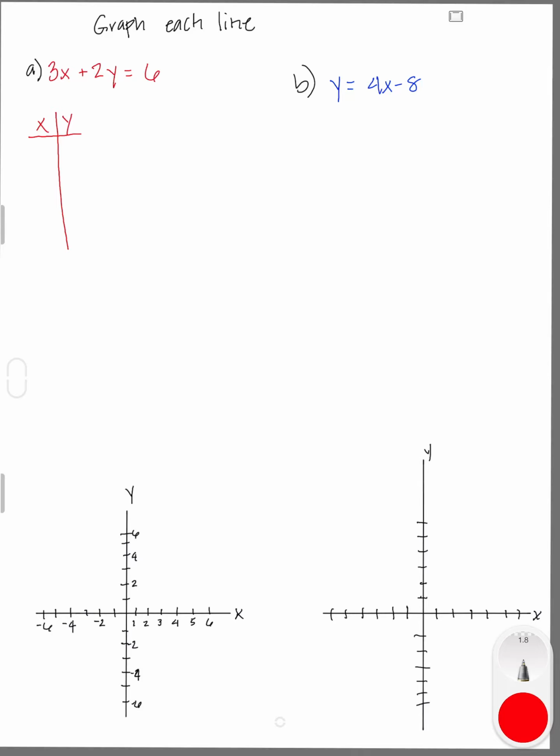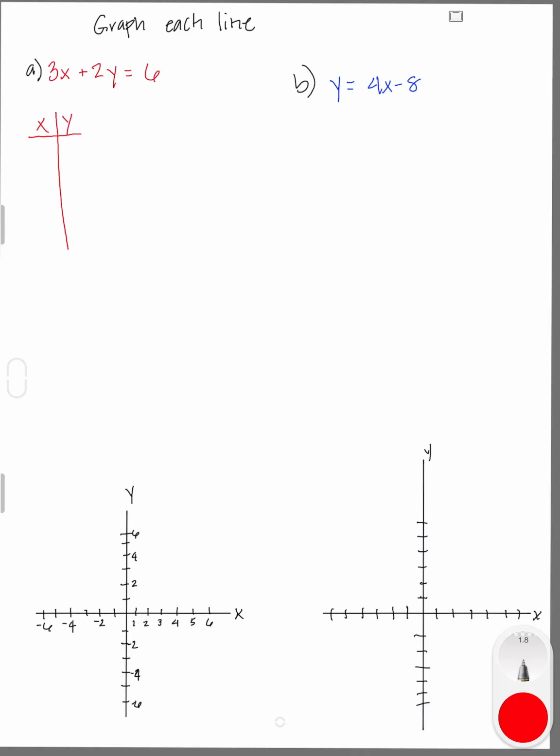For this case, we can choose whichever values for x or y we want to use. So it's up to us. There's no right or wrong. Maybe some of them are going to be a little bit simpler to plug in than others, but it's up to you what values you want to use to test and then complete the table.